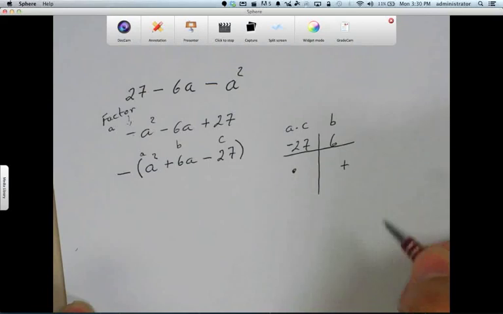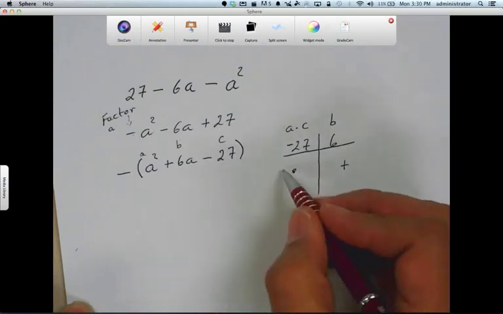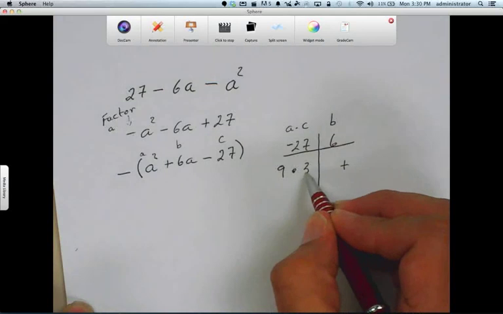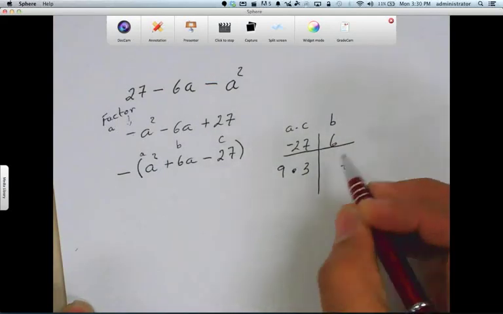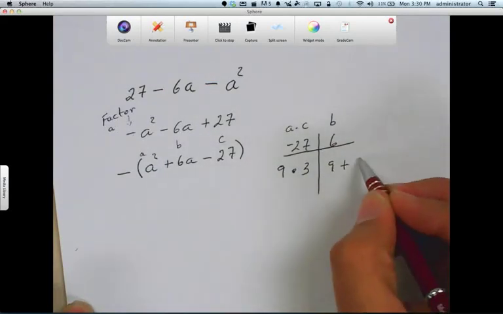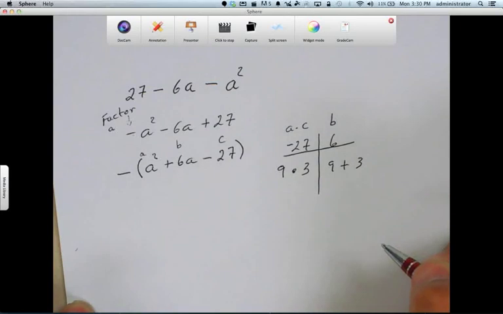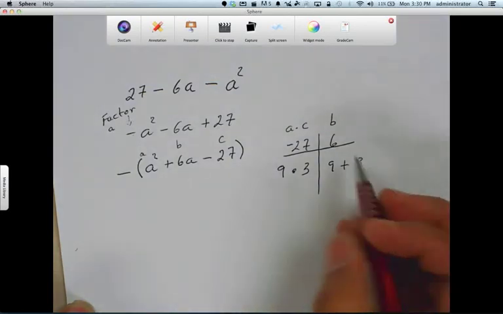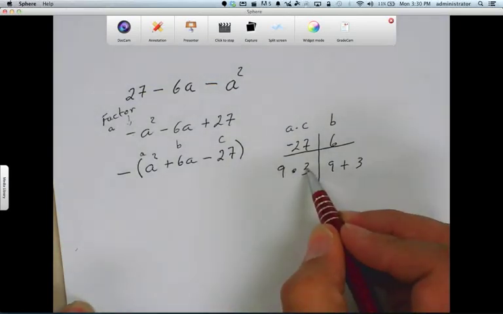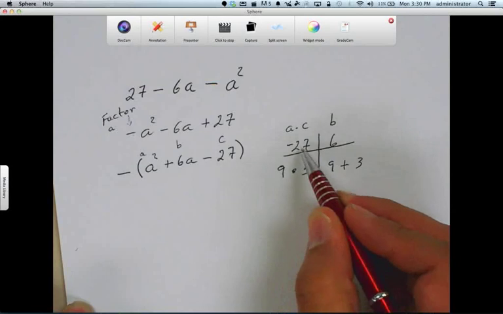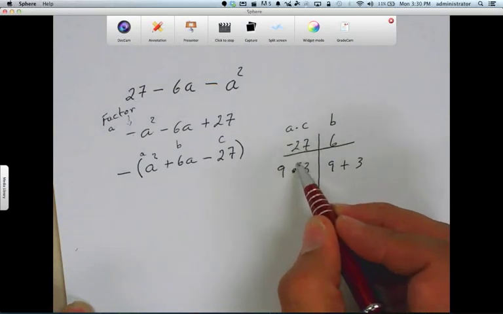Okay, so let's take a look at two numbers. I know that 9 times 3 is 27, and if I subtract these two, 9 minus 3, that will give me 6. But 9 times 3, they're both positive, but I need a negative, so I'm going to write it as negative 3.